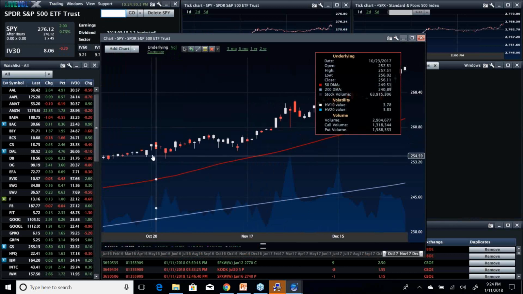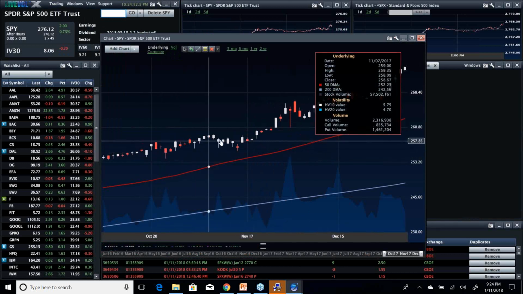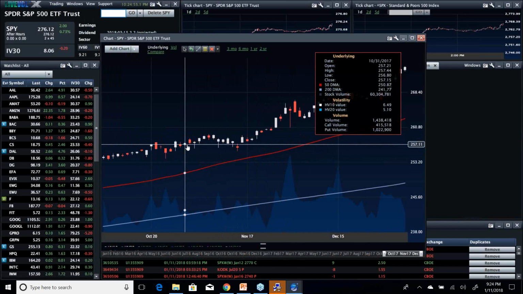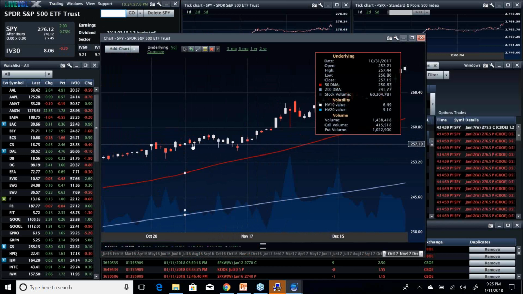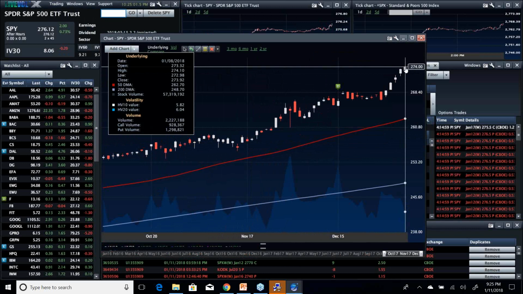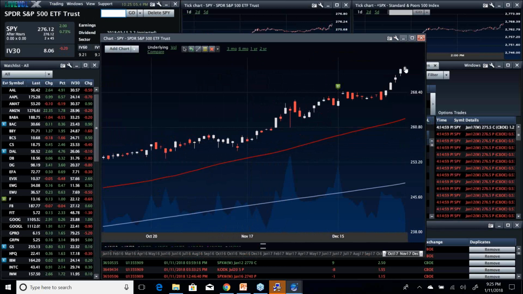In early November, SPY was 256. It's now up $20. VIX hasn't moved. So VIX has this sticky strike value. The S&P can't run away from a VIX hedge like it can an S&P hedge.